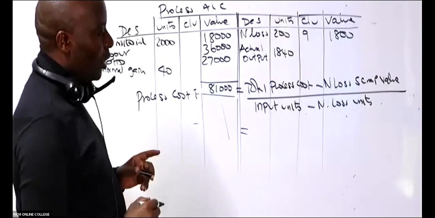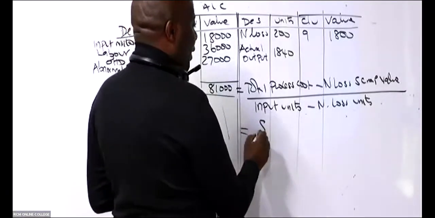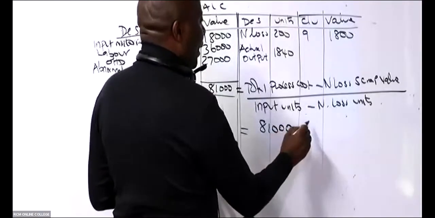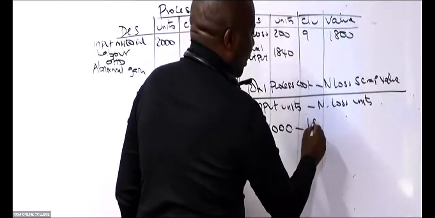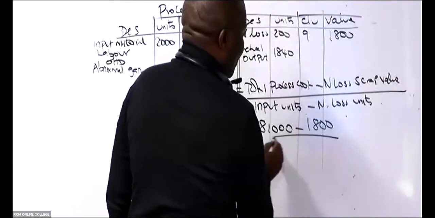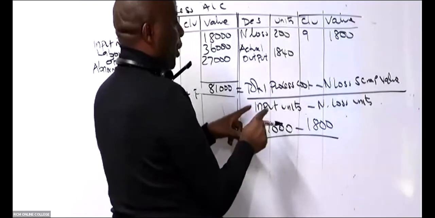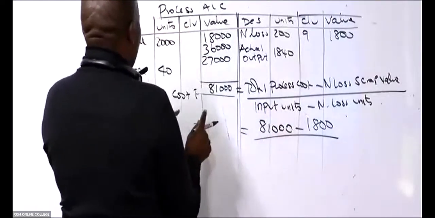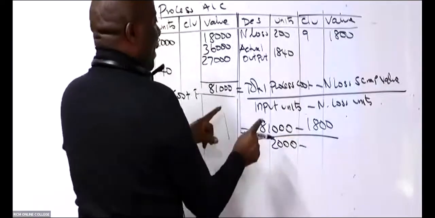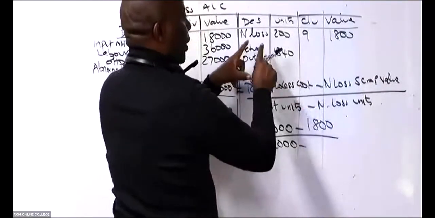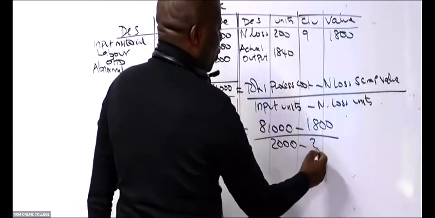So then the total process cost will be 81,000 minus normal loss scrap value, 1,800, divided by input units. Input units, what do we have here? 2,000 minus normal loss units. Normal loss units, they are 200.